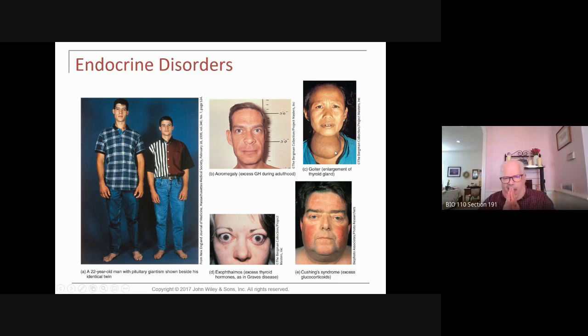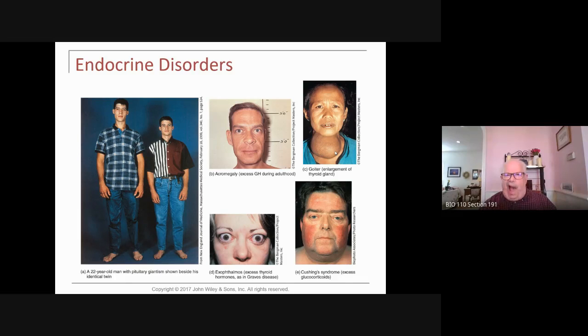Now, I told you that thyroid hormone, T3 and T4, is made up of thyroglobulin and iodine, basically the amino acid tyrosine and iodine.